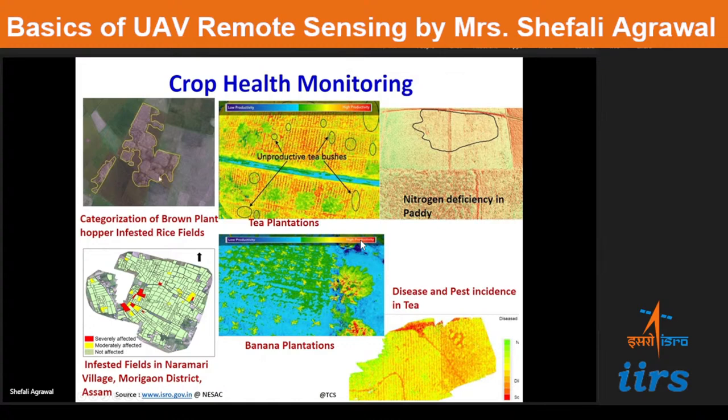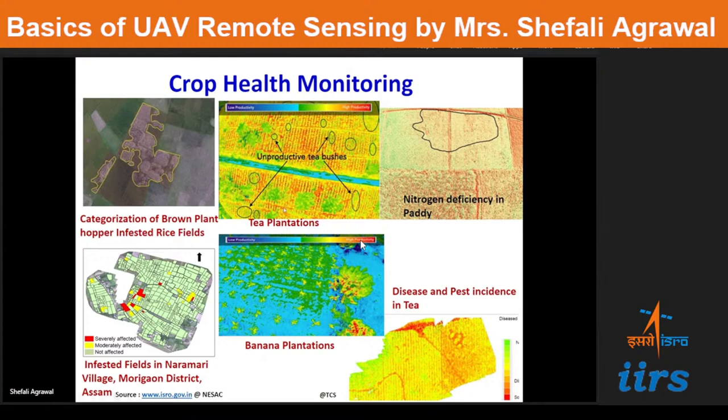These crop diseases cannot be effectively mapped, but since the drone provides you 1 centimeter level of resolution, one can easily map them. From a satellite-based platform, they may be missed out. So these small crops, which have been infested with brown plant hopper insects, can be easily measured.